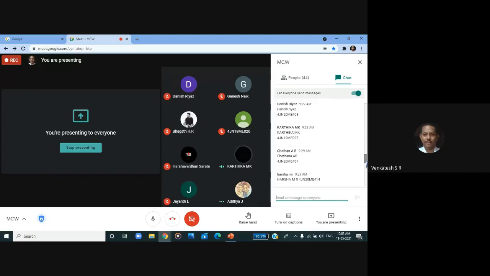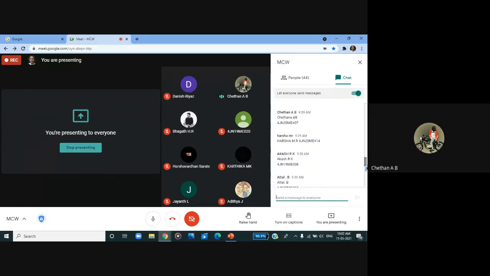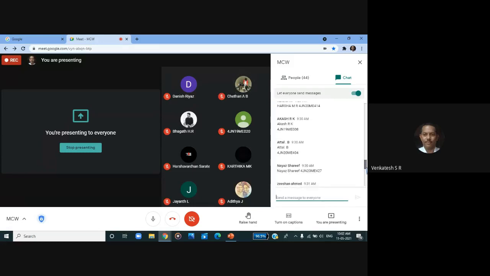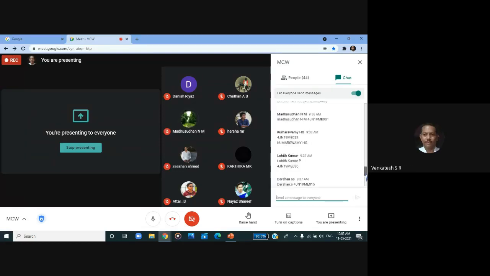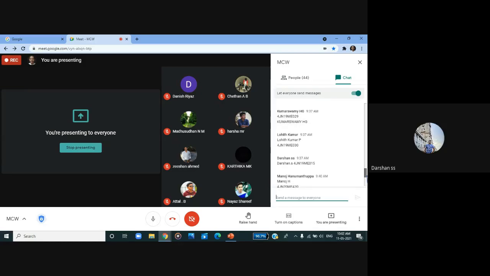Karthik MK. Chetan AB. Harsha MR. Atal B. Nayaz. Jishan. Ahmad. Madhusudan. Kumaraswamy.